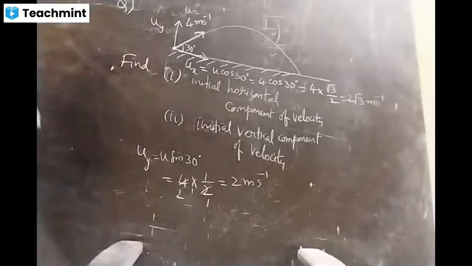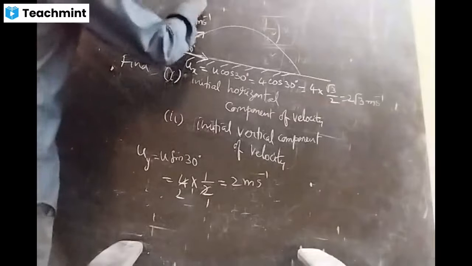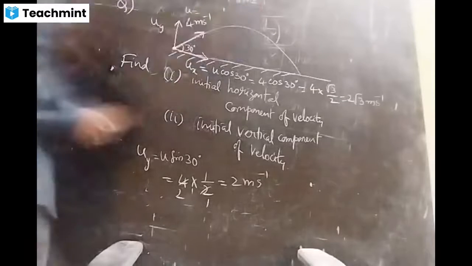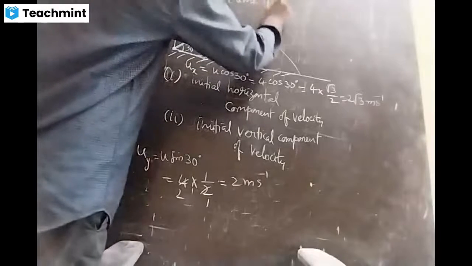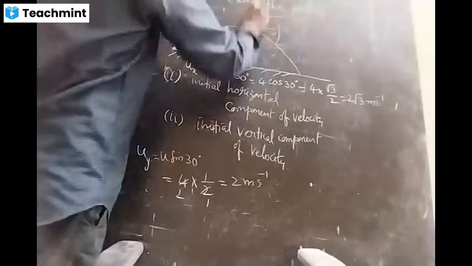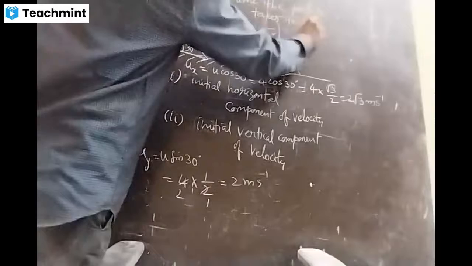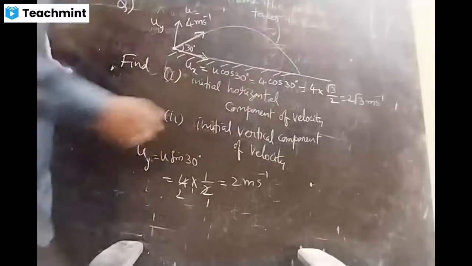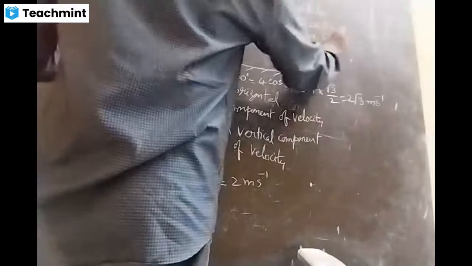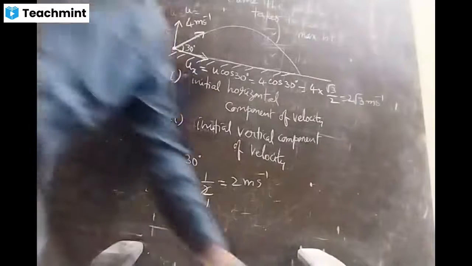In the same question, the question is like this: how much time the particle takes to reach maximum height. Sir, should we take the g value as 9.8 or 10? Take the g value as 10. I want 0.2, sir? Let me try.